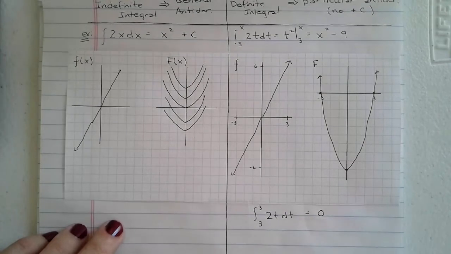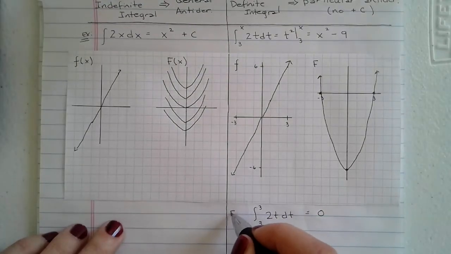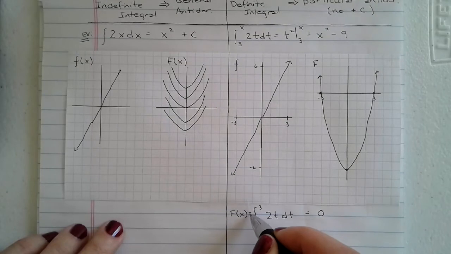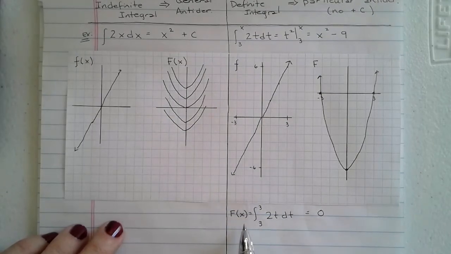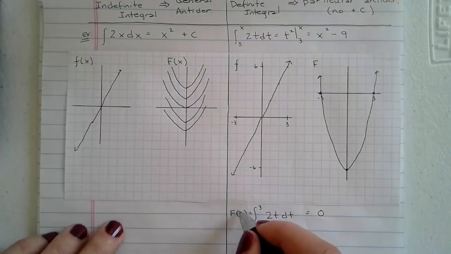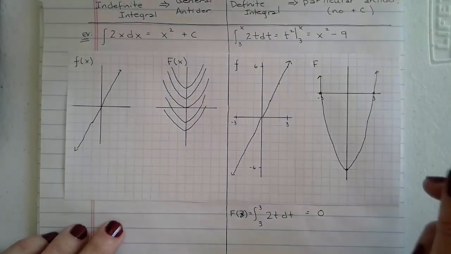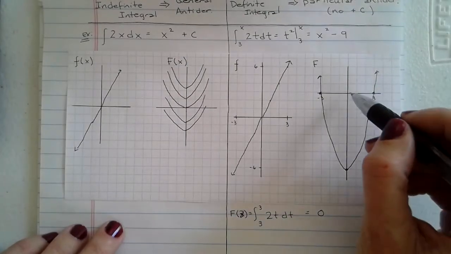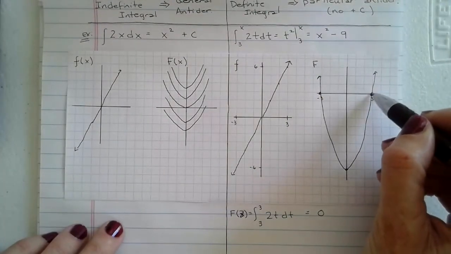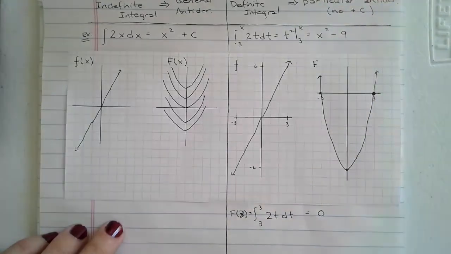So if we integrate from 3 to 3, we get 0. And what that means is over here, big F of x is defined as being the antiderivative. When we put big F of 3, it means we're getting 0. And if you look over here, when x is 3, y is 0.